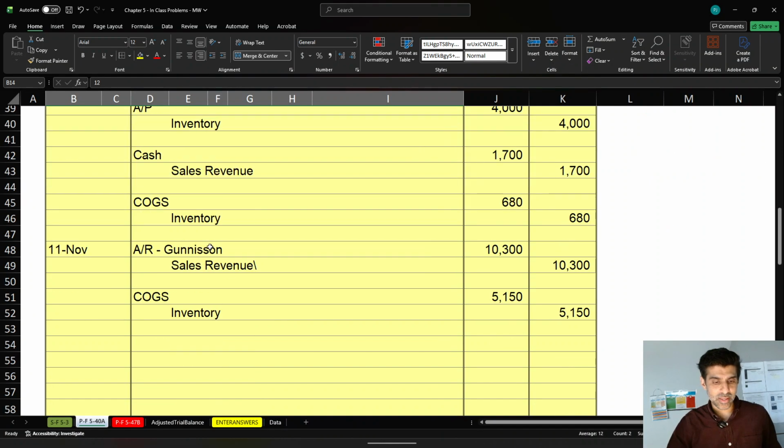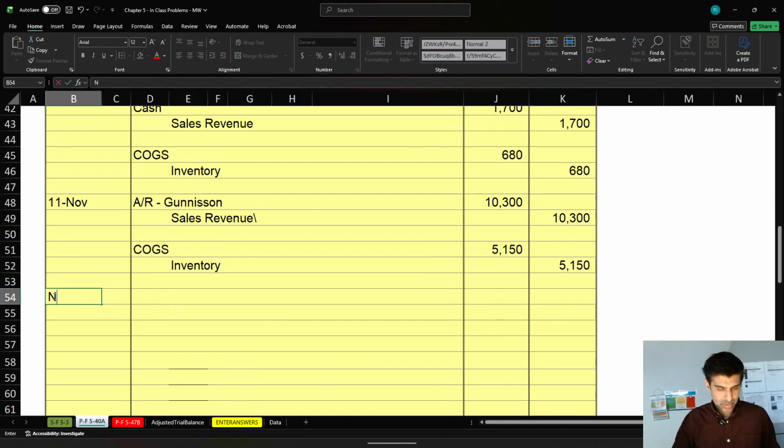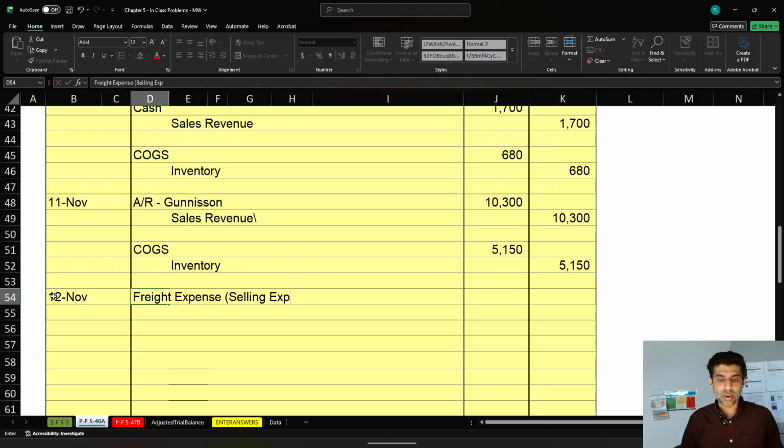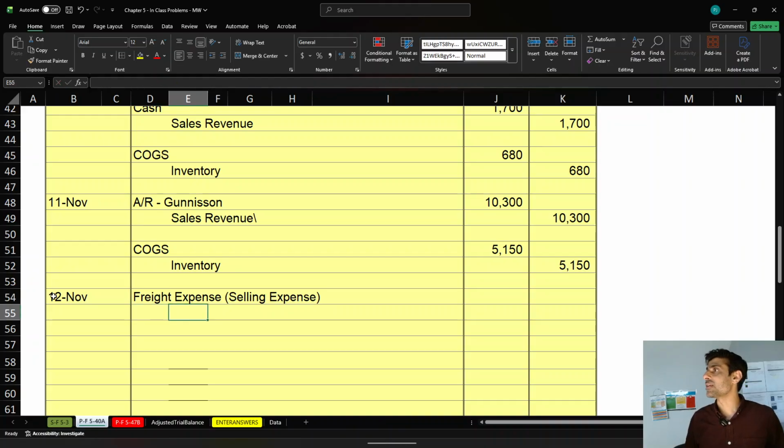Okay, so this is going to be November 12th. You can call it freight expense. This is like a selling expense. It's like a cost of doing business to generate the sale, just like if you had a salesperson, you pay them a commission.